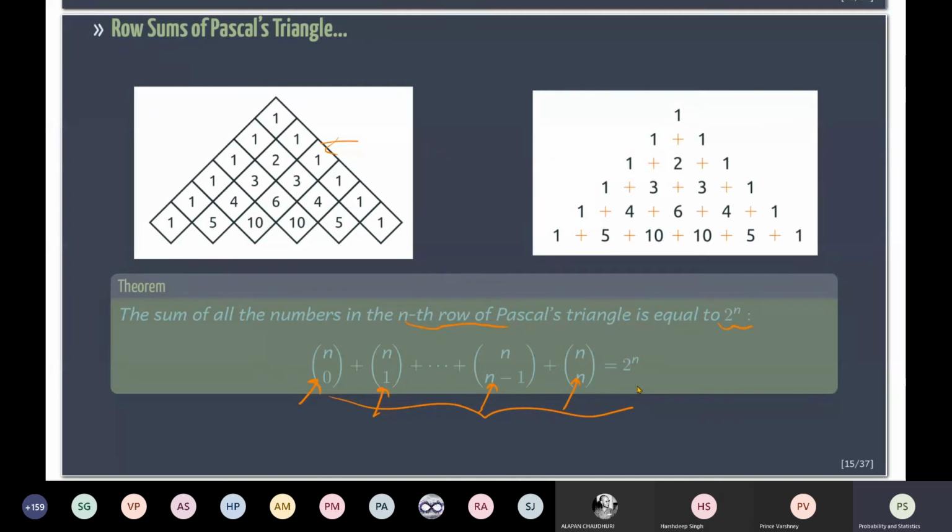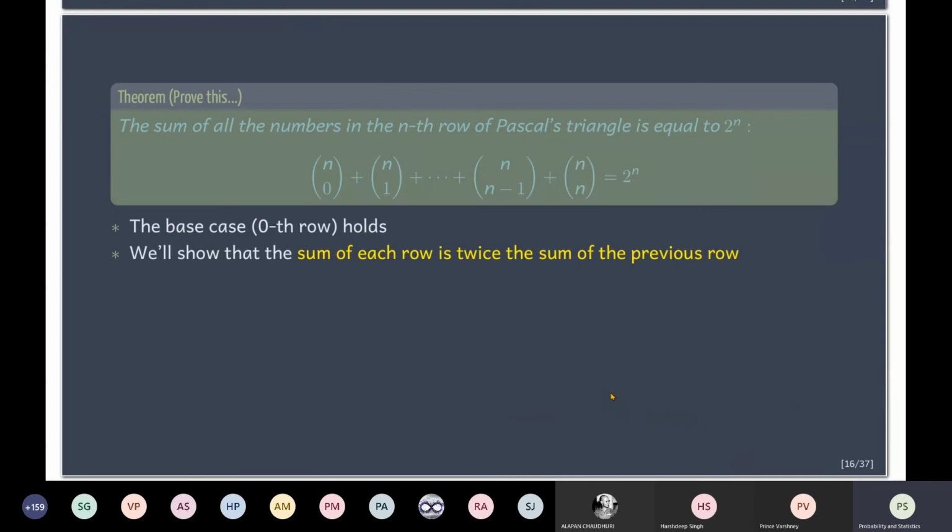So this is the number of subsets of a set of size n, which is nothing but 2 to the n. So these are the observations we have.